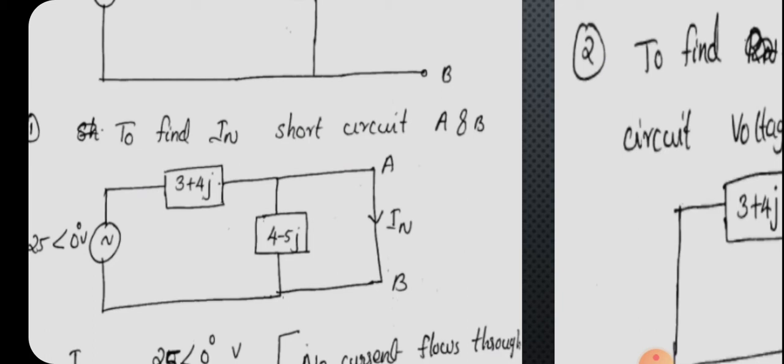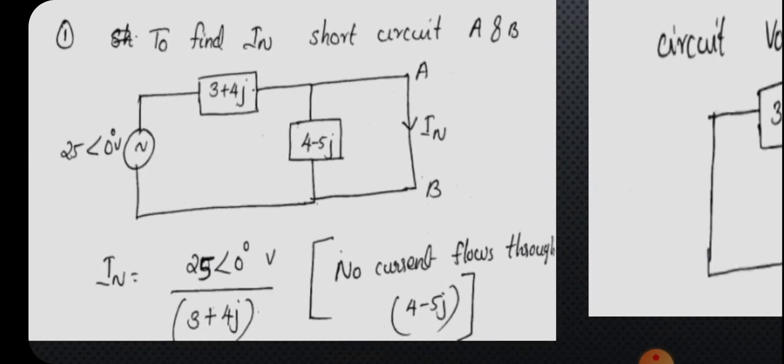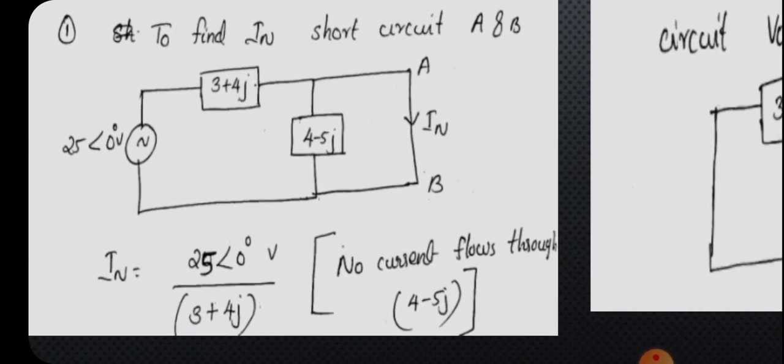The short circuit offers lesser resistance to current, so the path 4 minus j5 is bypassed. So there will not be any flow of current through 4 minus j5.